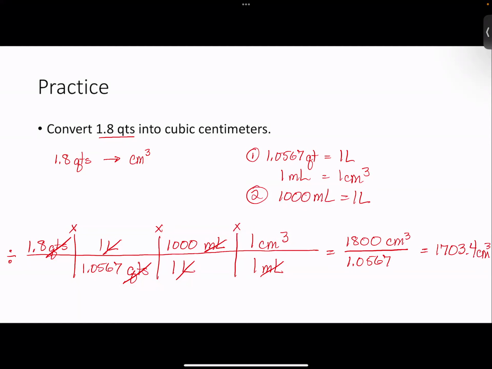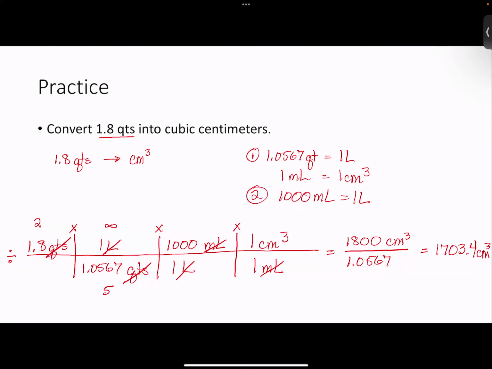Which we then have to pay attention to sig figs. Our starting quantity has 2 significant digits. The liter portion of the quart to liter conversion is infinite, but the quarts have 5 significant digits.